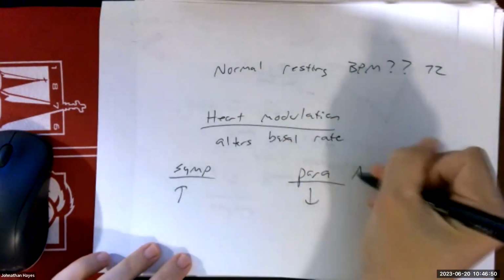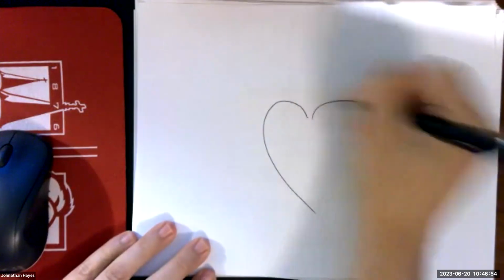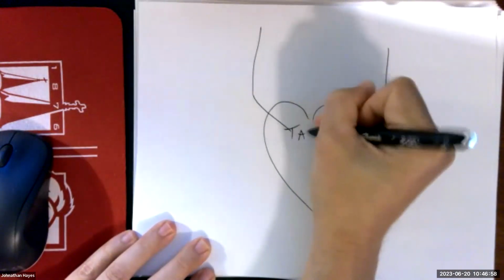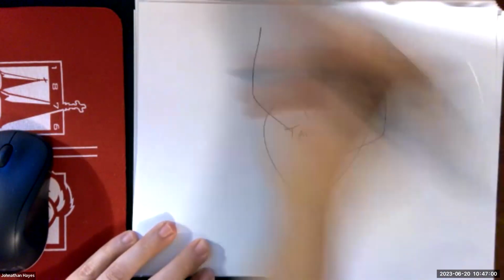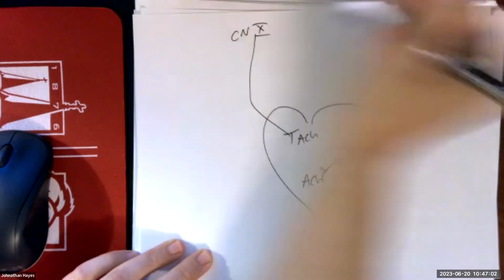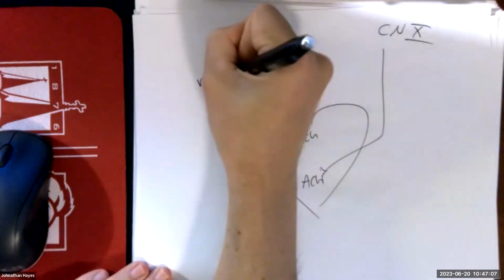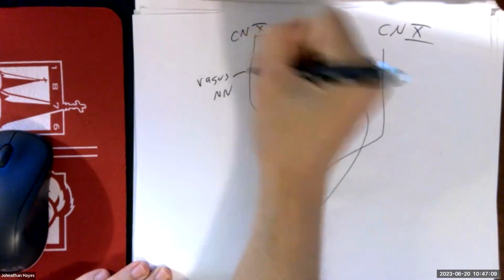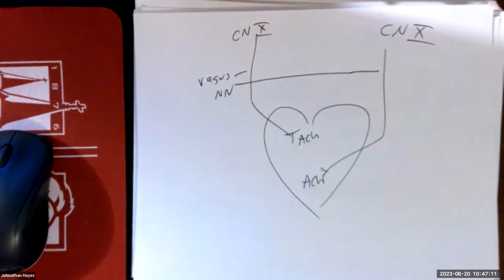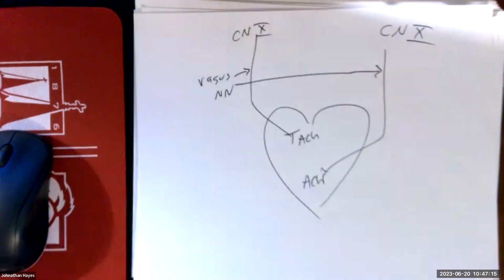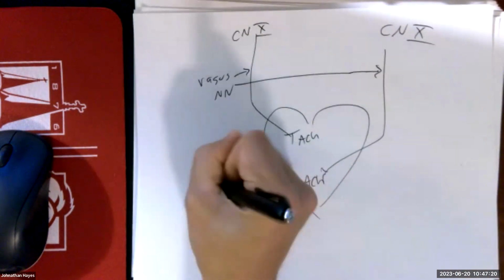So acetylcholine. When I'm sending signals to the heart through the vagus nerves, cranial nerve 10, that's going to slow the heart rate down.